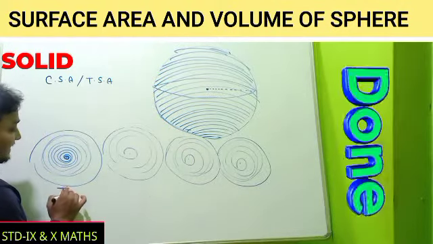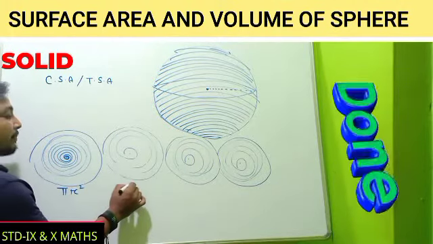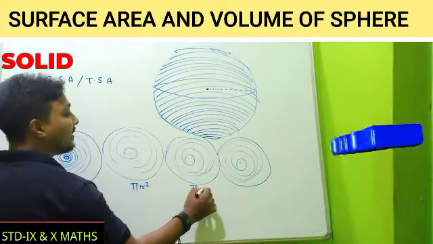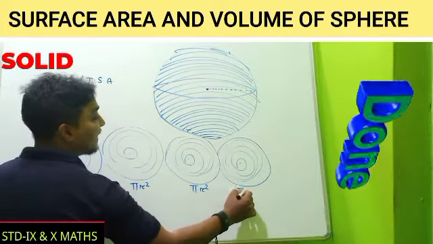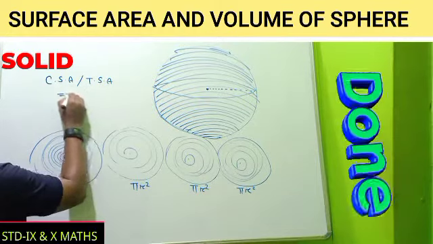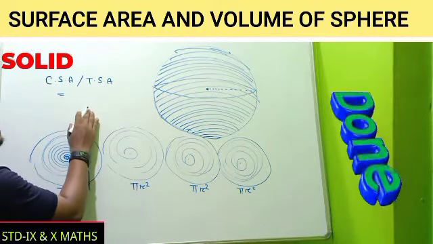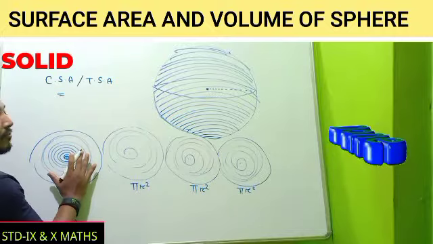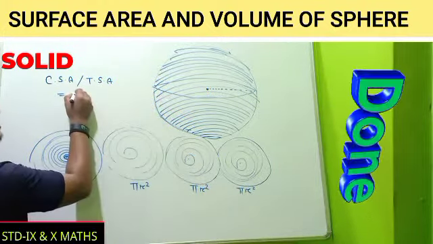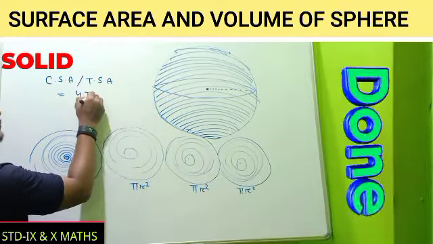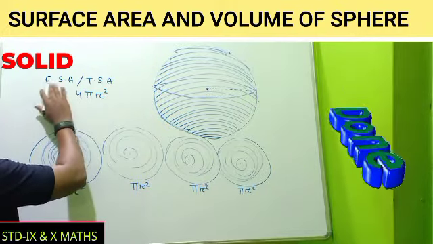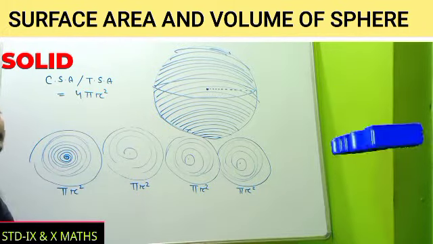So the curved surface area is the sum of the areas of 4 circular regions having the same radius, which is 4 pi r square. Here, curved surface area and total surface area have the same meaning.